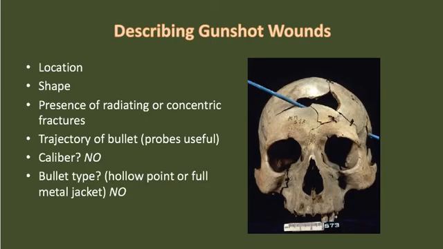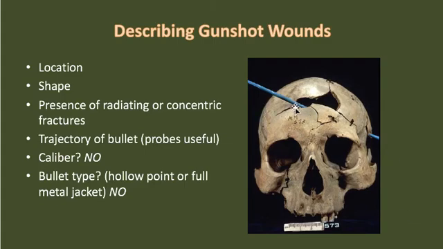Okay, so when you're writing up your report, you are going to describe your observations. Again, being really careful about overstepping yourself. You are not a ballistics expert, so you can describe the location, the shape, the presence or absence of radiating and concentric fractures. You can talk about the trajectory of the bullet, which is being demonstrated here with this probe.